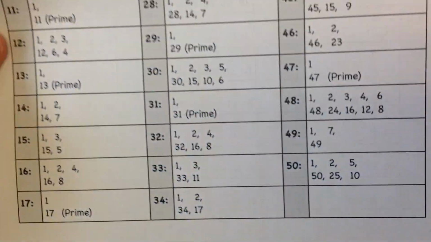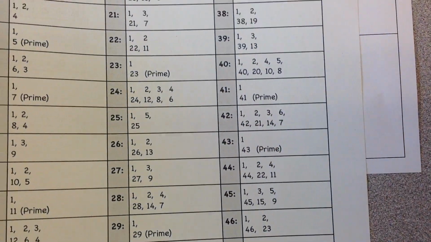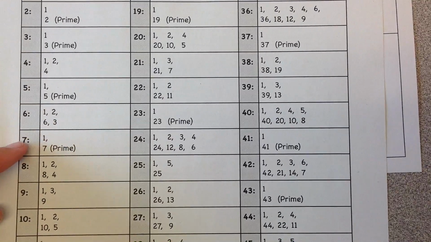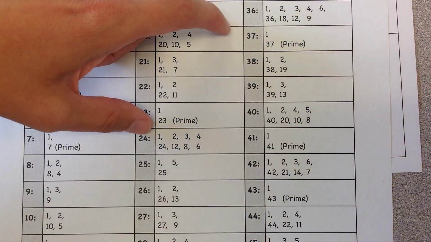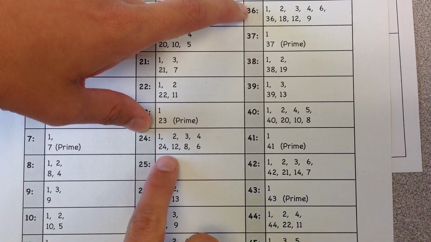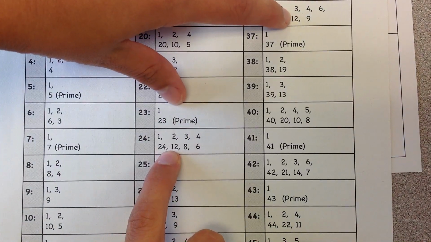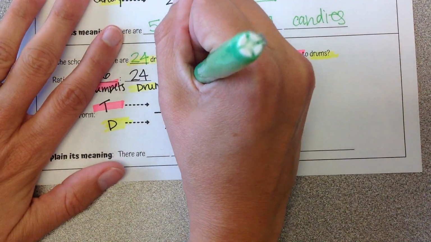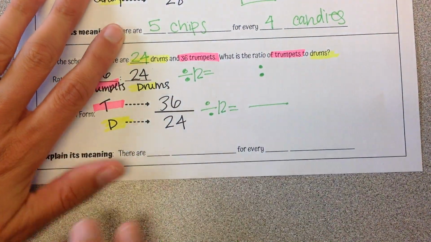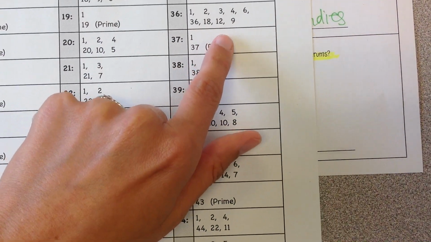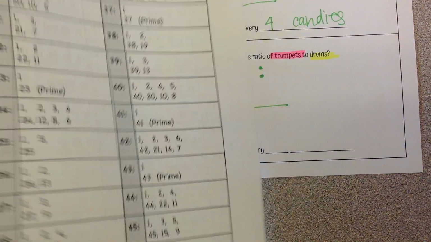So 36 and 24. We can probably see these on the same page. Yep, we've got 36 up here and 24 here. The highest number that they both share is 12, so we're going to divide them by 12. 36 divided by 12, if we look, 12 matches up with 3.